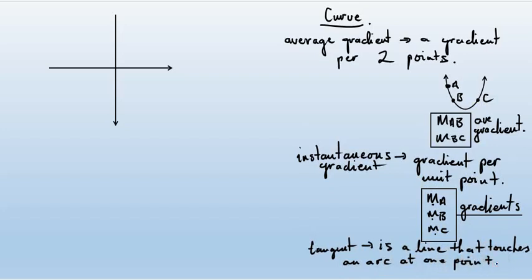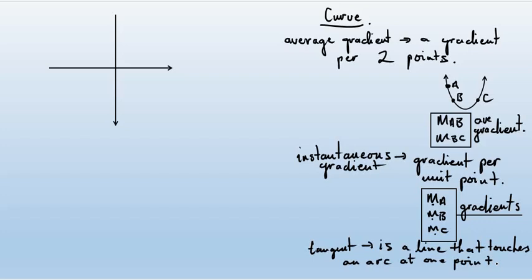Not at 2, not at 3, at 1 point. So that means any point may be taken as a line within a curve. Now, what we mean, we're trying to say any point has a potential to yield a line, and that line is the tangent of the curve at that point.